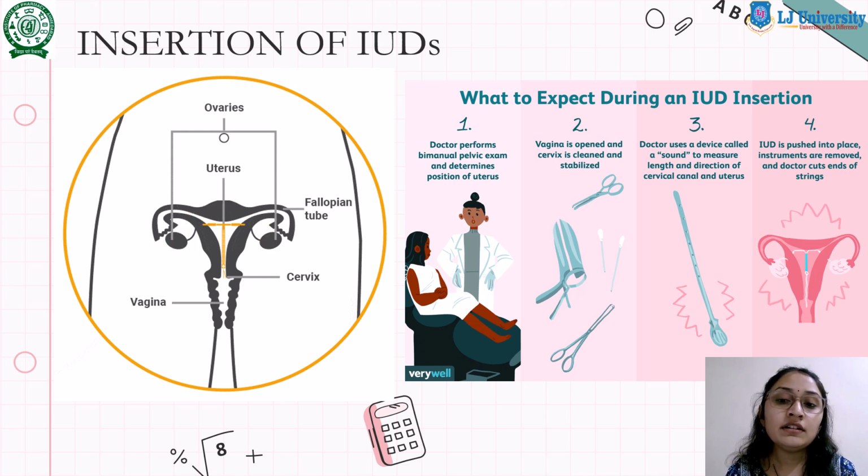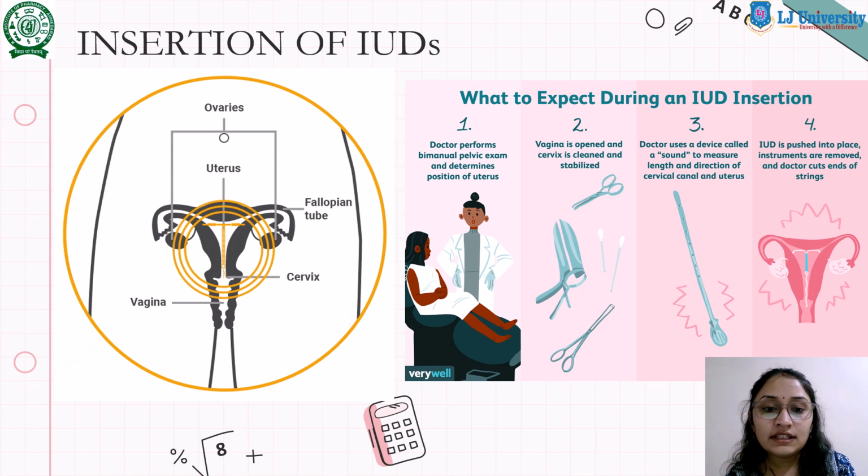A sound apparatus is used to measure the length of the uterus as well as the cervical canal, which tells how many centimeters of the intrauterine device has to be administered. The last part is that the intrauterine device is inserted into the female and simply kept in place.